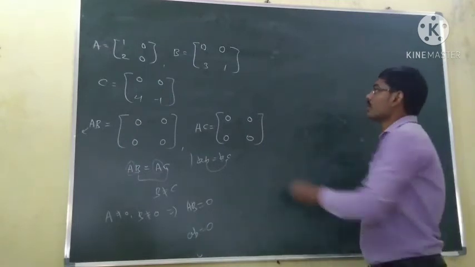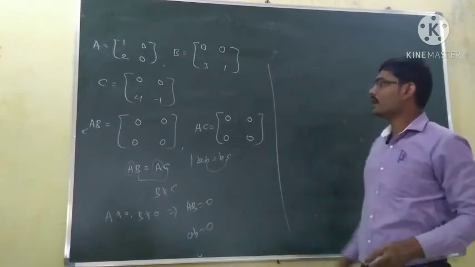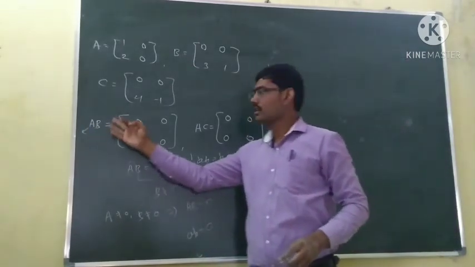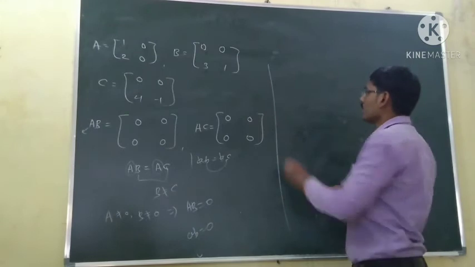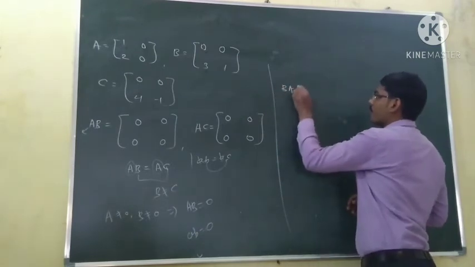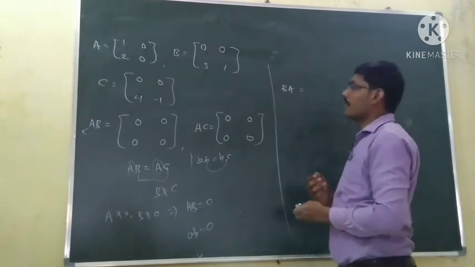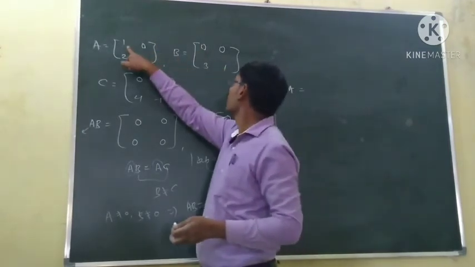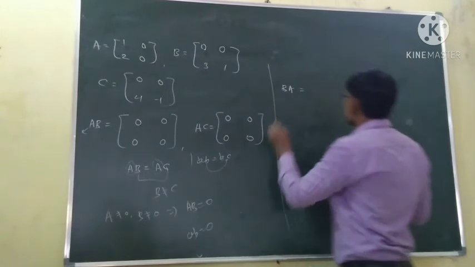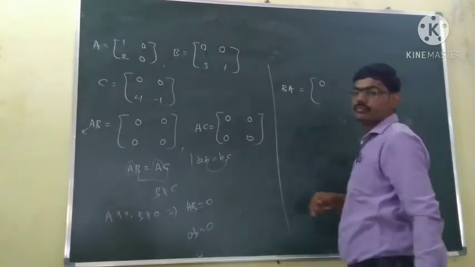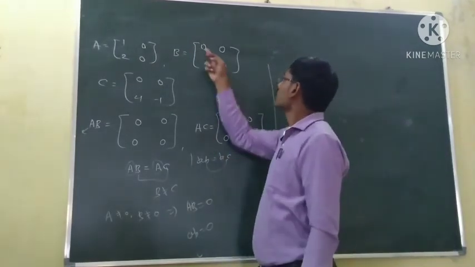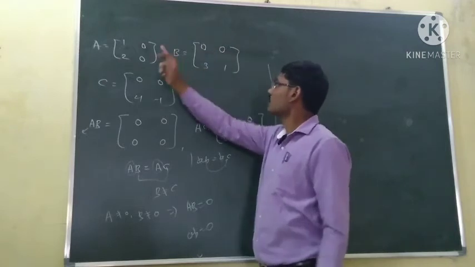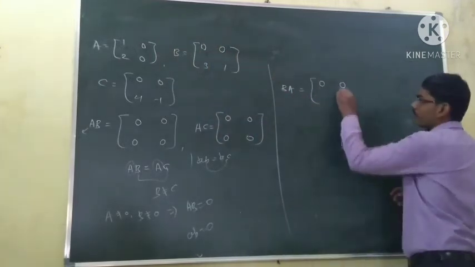Also, we have calculated AB. Now we will calculate B into A. What is the left matrix B into A? First row, first column: 0 into 1 and 0 into 2, so the first entry is 0. Now 0 into 0 and 0 into 0, the second entry is also 0.